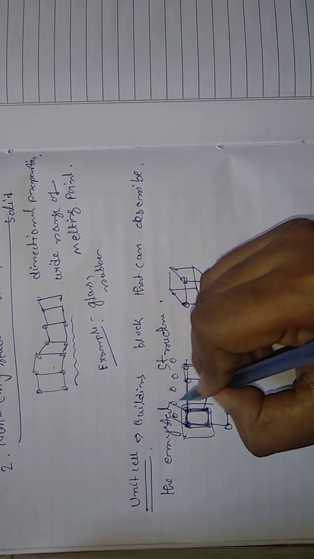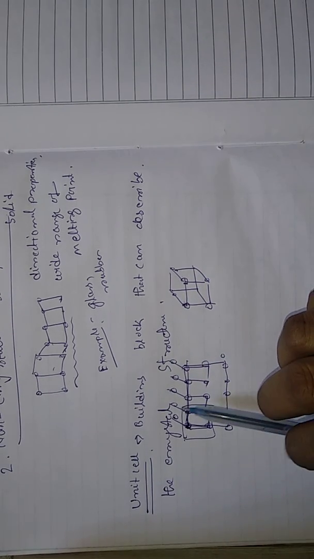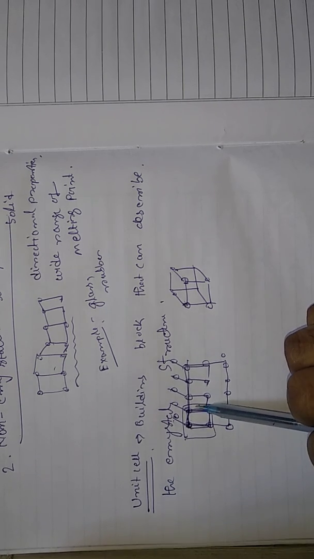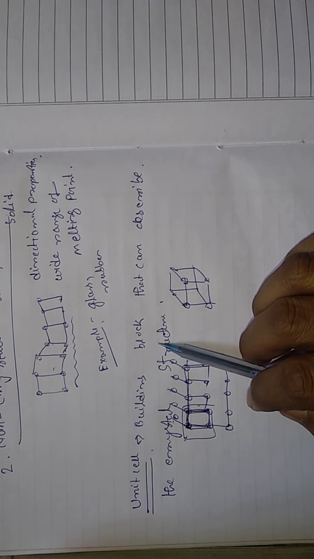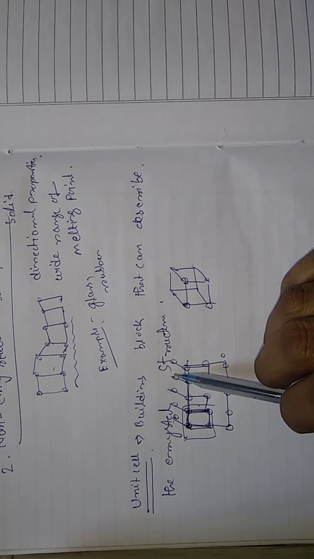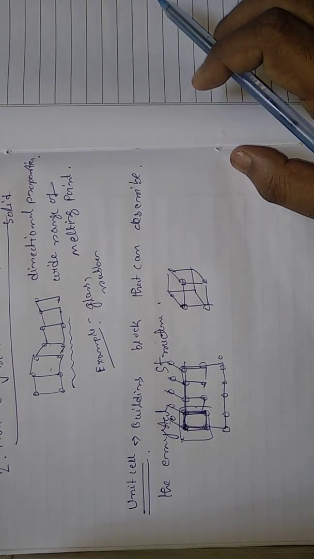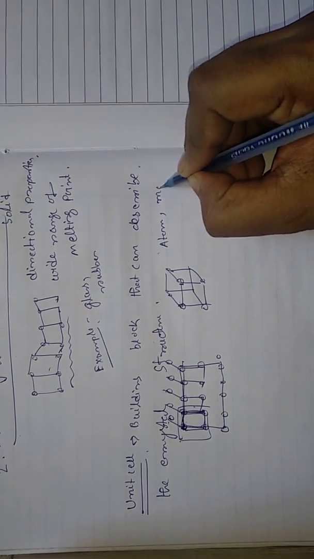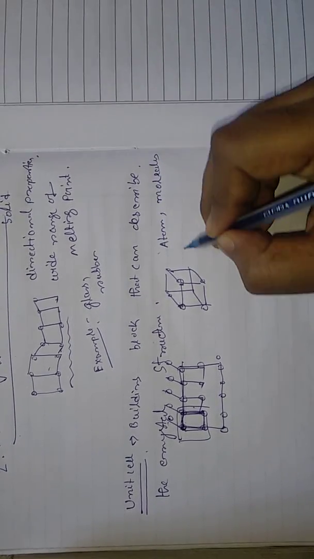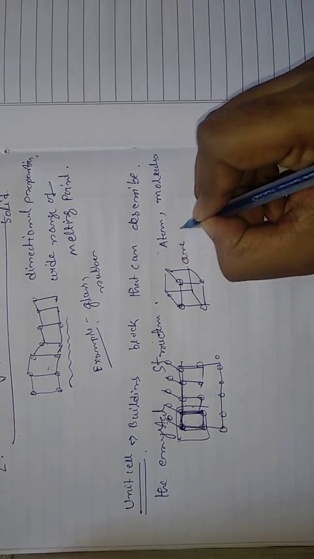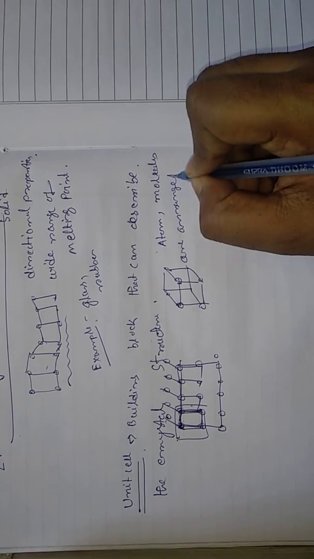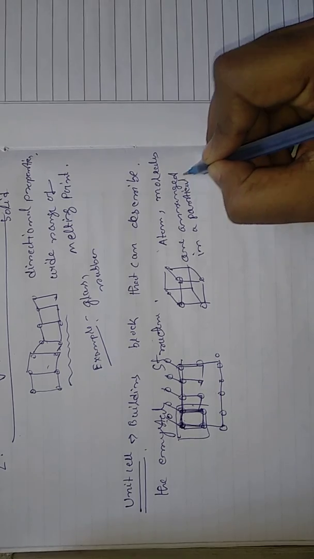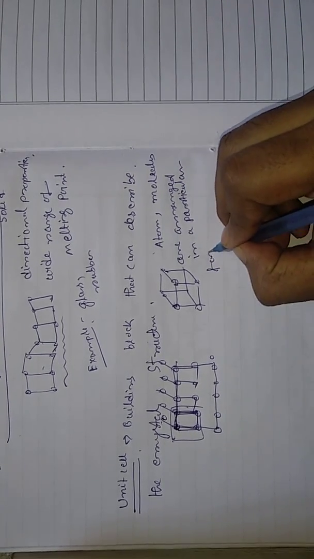So suppose the atoms are arranged in such a way that the repetitive block is in cubic shape; then the unit cell is a building block that can describe the crystal structure. The atoms or molecules are arranged in a particular fashion, repeated throughout the crystal structure.